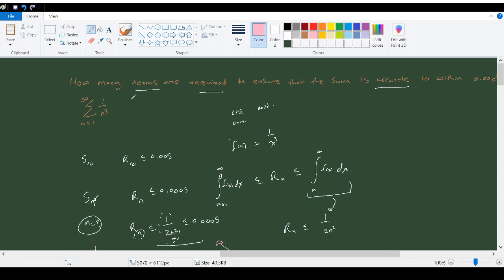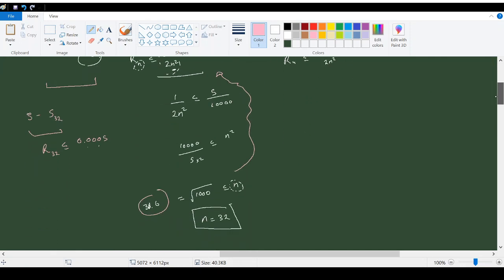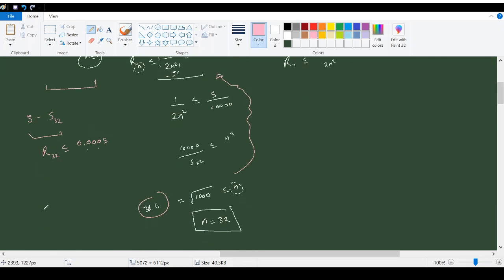So we found how many terms we have to add so that the accuracy lies within this value. In a different way, if we rephrase our answer, we can say that if we add the first 32 terms, then the difference between the actual answer and this sum will be definitely less than or equal to 0.0005.